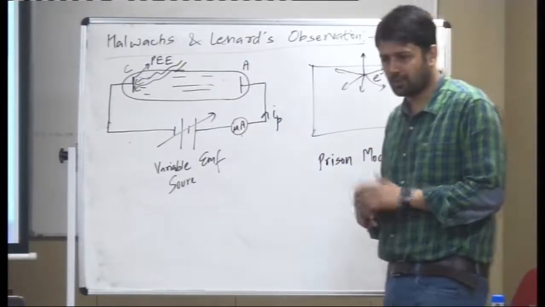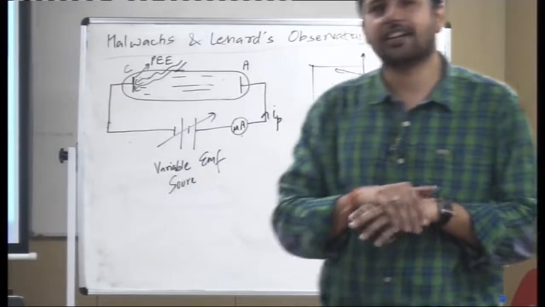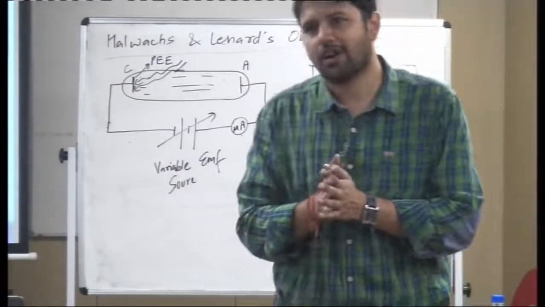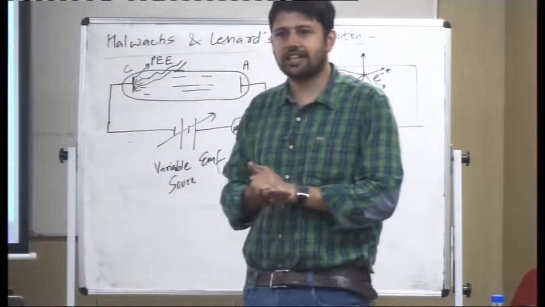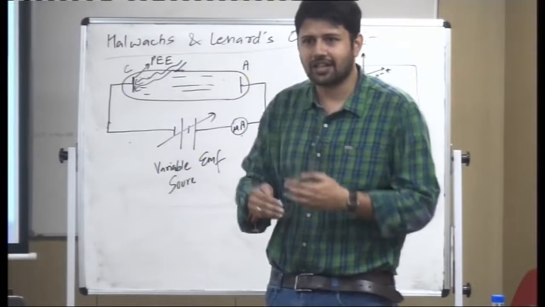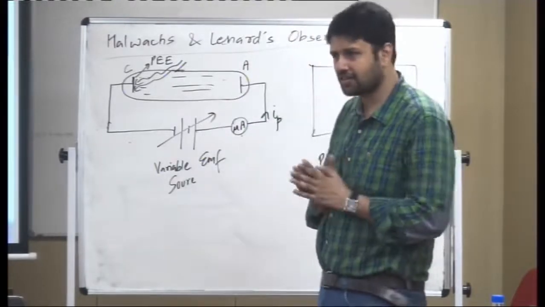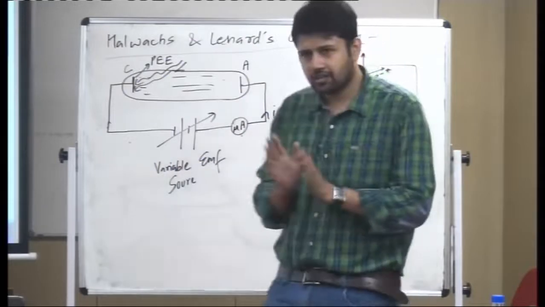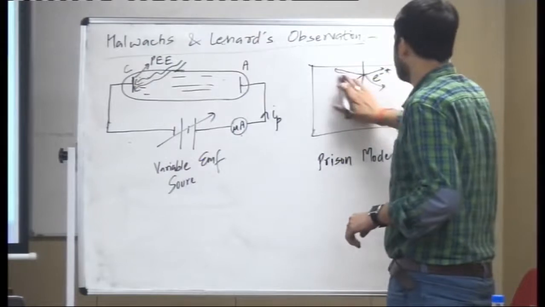The prison model. What happens? Let's say you have a lattice. The lattice is kind of like a jail, a prison, in which the prisoners are the electrons. No prisoner can escape, because if somebody tries to cross, the lattice pulls the prisoner back. This is the arrangement. Now what happens when photons are incident?